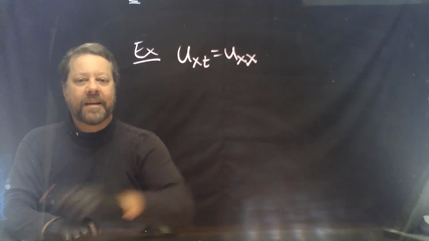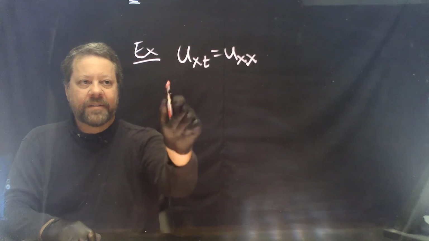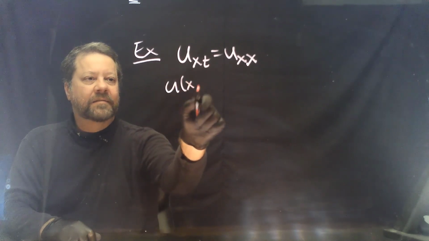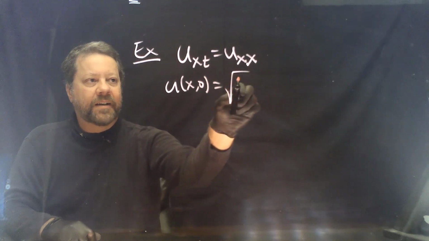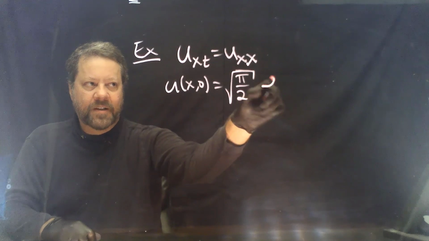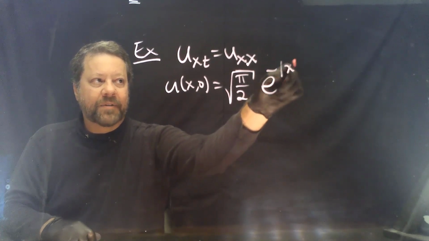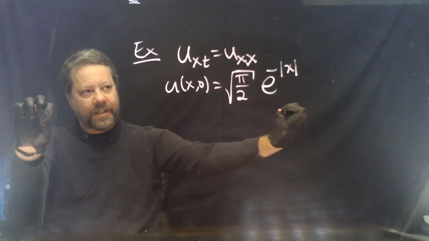We'll start off with a second order partial in this form with data the square root of pi over 2 times e to the minus absolute value of x, killing this off in both directions.